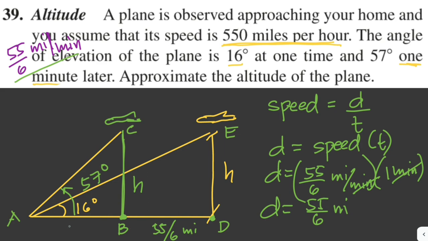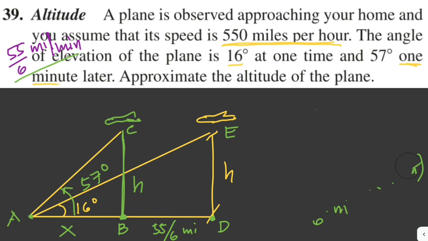We don't know this distance from point A to point B. So let's say this is X. Okay, now we already have the value of the distance from A to B and then from A to D. So we can use the tangent function here.